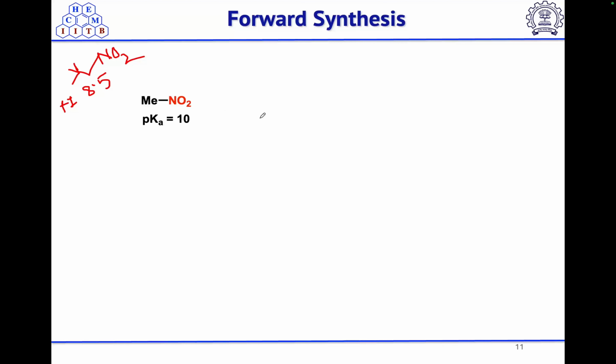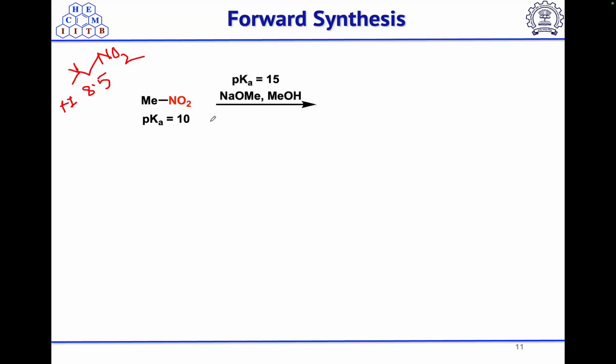In general we say pK value of base, but that does not make any sense. So pK value of base means we are talking about the pK value of the corresponding conjugate acids. The pK value of nitromethane is 10, so we have to use a base having pK value more than 10.